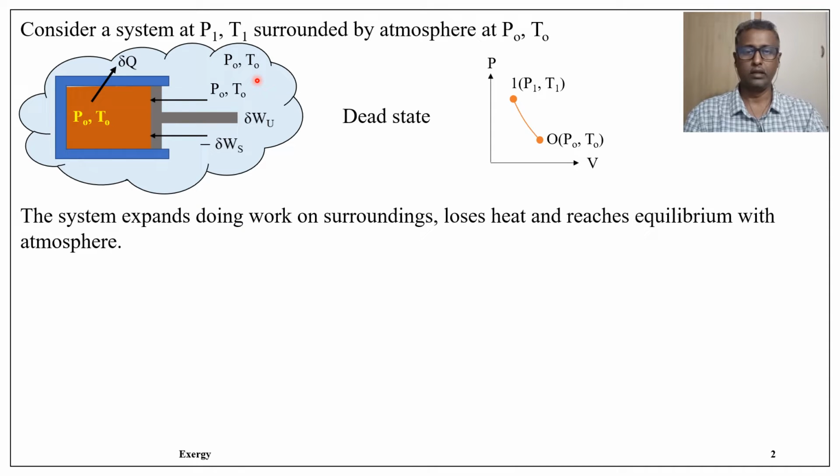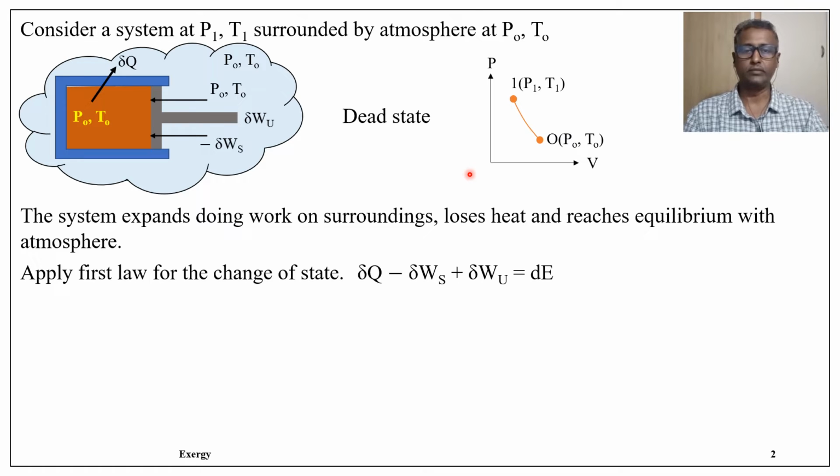Apply the first law of thermodynamics for the change of state. We get del Q minus del WS plus del WU is equal to change in the energy dE. What is this quantity del WS? It is the surrounding work.